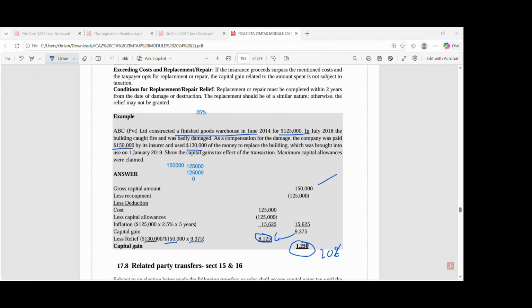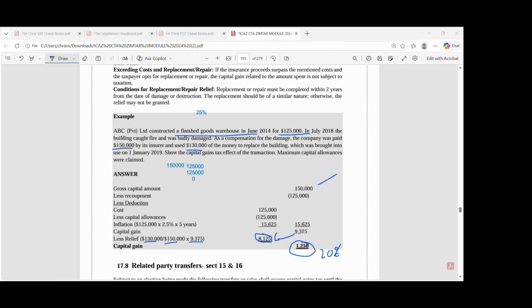Okay, so confirming in this regard, it's because it was 1 Jan 2019. That's why it's not counted as a full year. Again, for inflation allowance or capital allowances, we don't consider times 6 months. No, it's only the year.